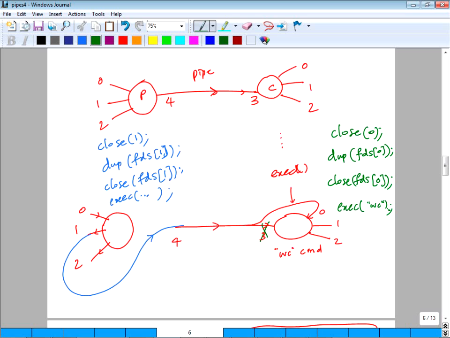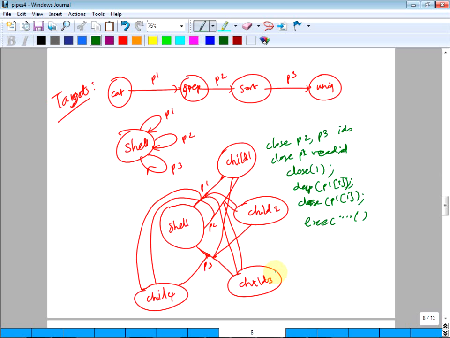Yes? What's the point of the duplicate? The dupe command is to make a file descriptor look like a standard input or output. That's the only way to decrease the FD numbers, file descriptor numbers. So remember, you have 0, 1, 2 as the standard streams, right?